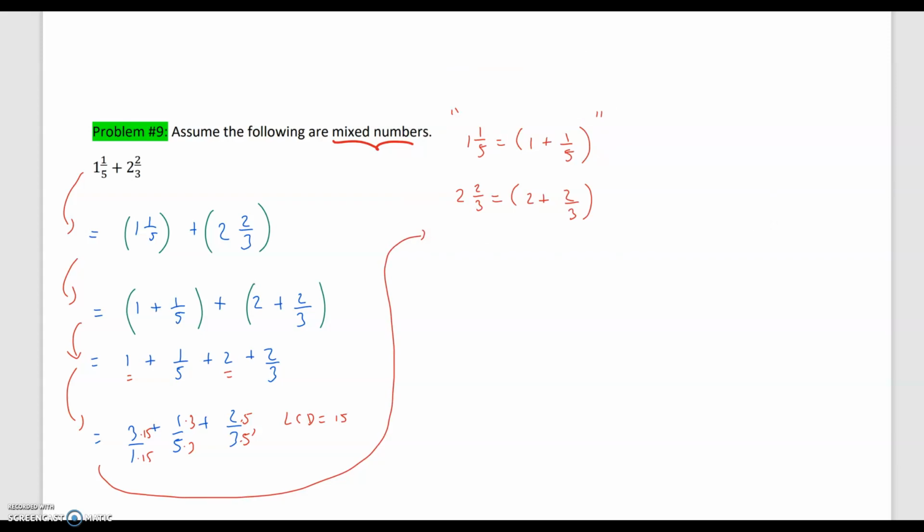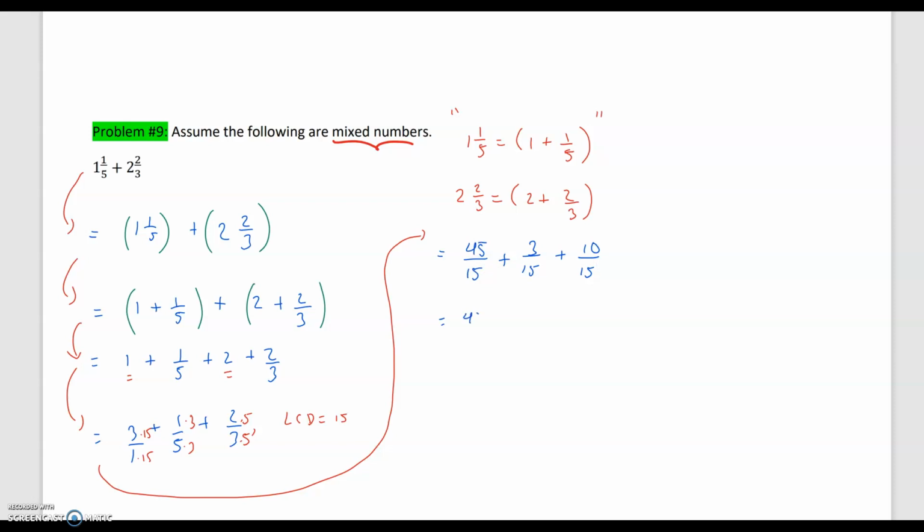And let me just rewrite it with the actual LCD. So we're looking at this is equivalent to 3 times 15, which is 45 15ths, plus 3 15ths, plus the value of 10 15ths. And at this point, once you have them as actual fractions with the same denominator, you can combine them.